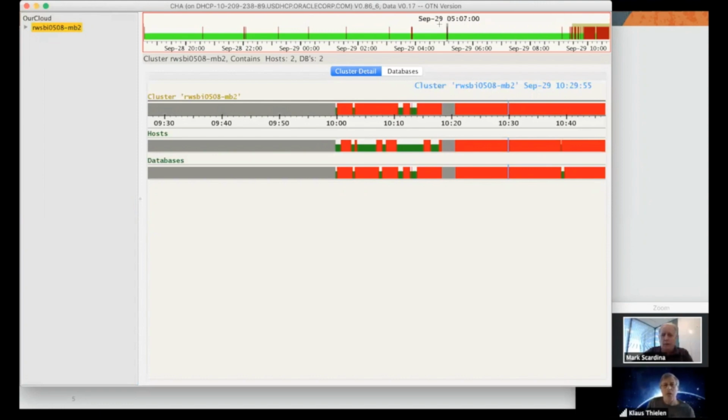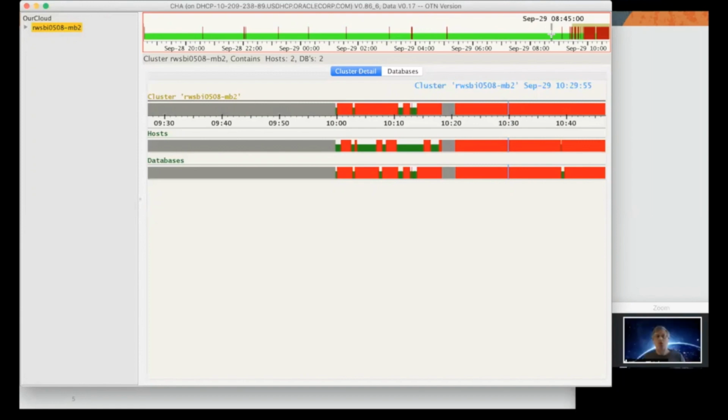This is our timeline. You see some red bars within it. These red bars show some problems, some decisions that the CHA made, and the CHA GUI is showing.